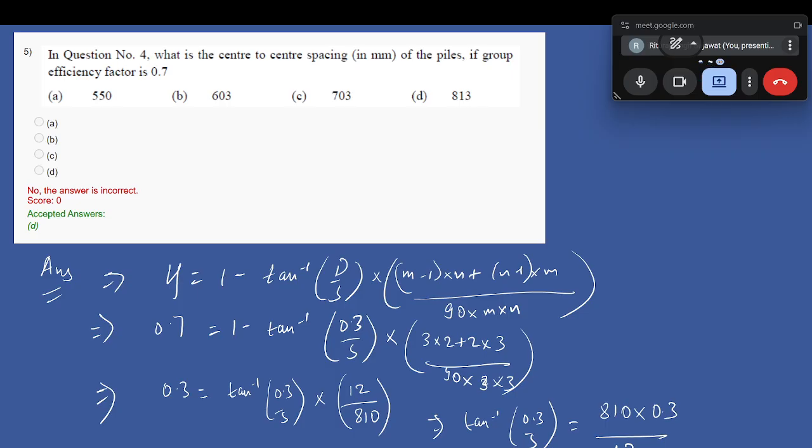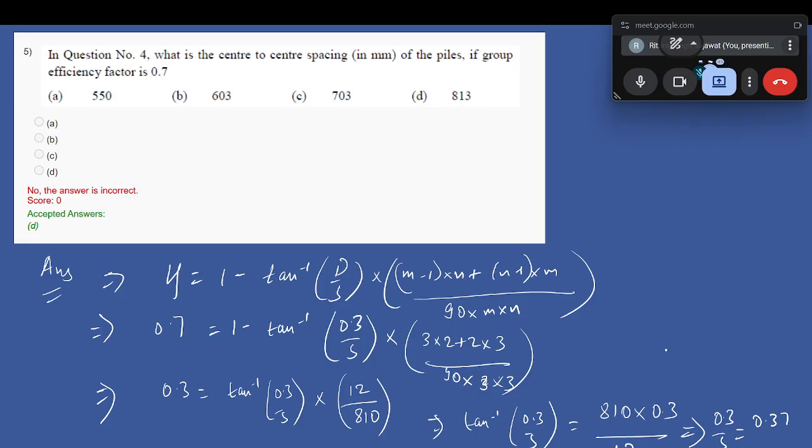Tan of 20.25. 0.36 and 0.37. So that will be 0.3 by S. Point 0.37.